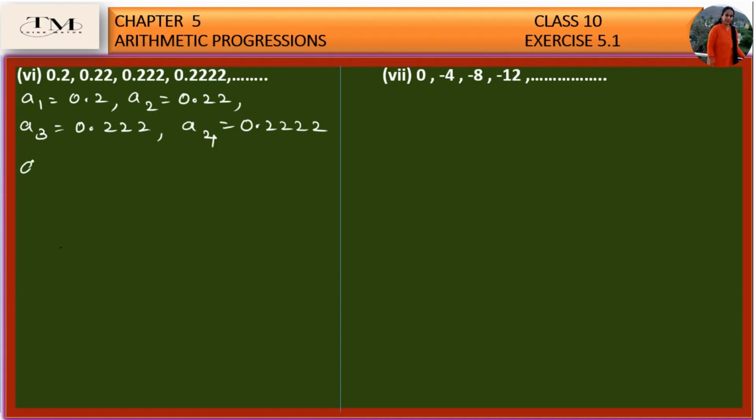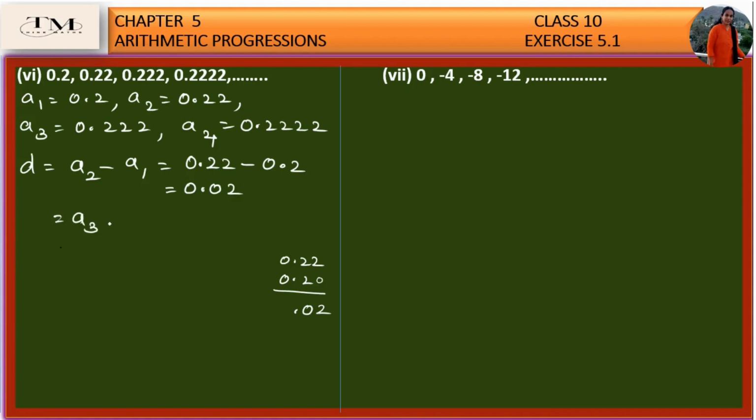So we have to find the common difference, which is A2 minus A1. A2 is 0.22 minus A1 is 0.2. So it is 0.22 and you have to subtract 0.2. So 2 minus here nothing, it is 0. So 2 minus 0, 2. 2 minus 2, 0. So the answer is 0.02.